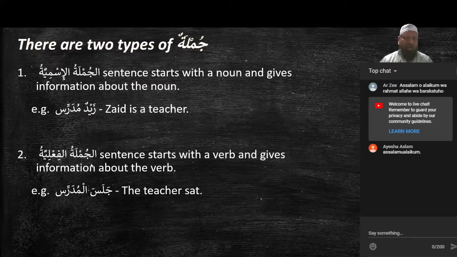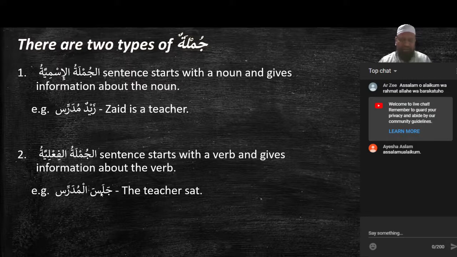Number two, al-jumlatul fi'liyatu. Name suggests fi'liyatu. Sentence starts with a verb and gives information about the verb. Example, jalasa, the verb, fi'l, gives information about this fi'l. Who's doing it? Al-mudarris.